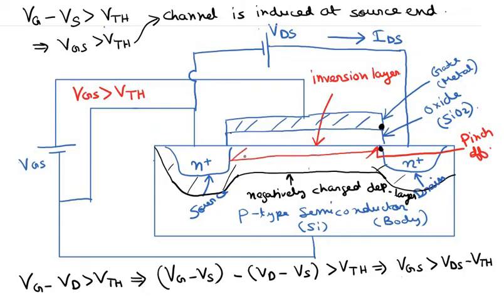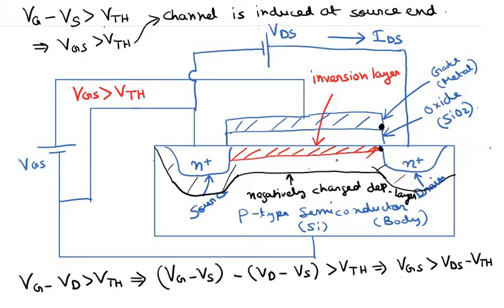We still have a channel at the drain end, but its strength has decreased, and that is why the channel is shown to be thicker at the source end, which means a higher density of electrons, and thinner at the drain end, which means a lower number of electrons.